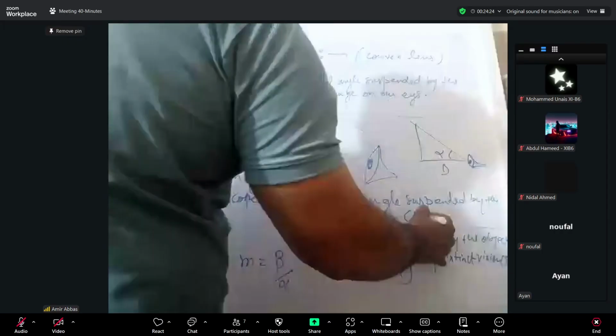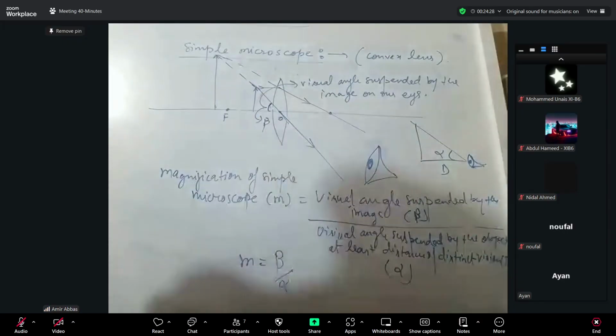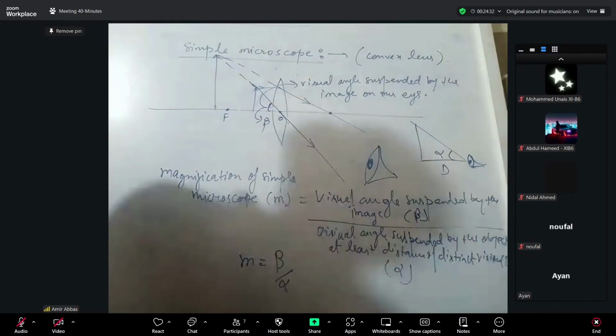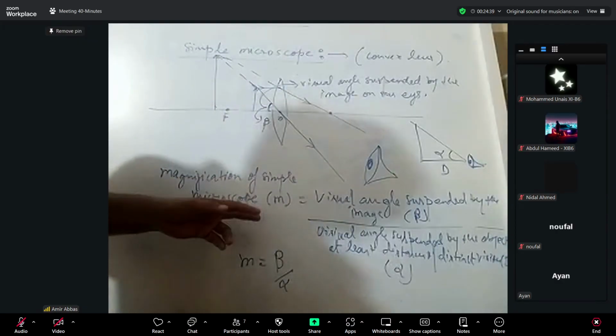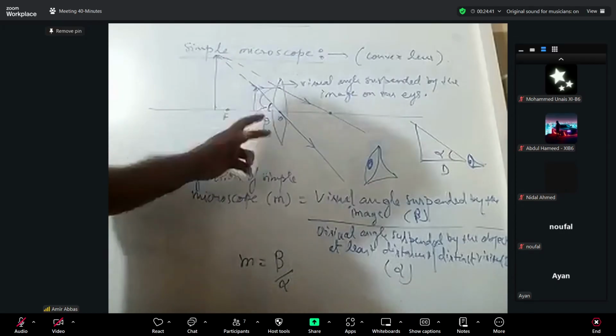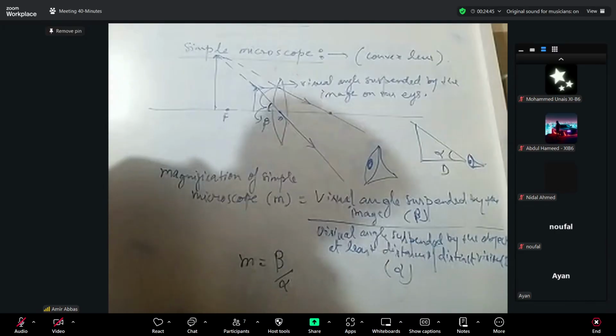It is alpha and it is beta. Have you got this? The magnification of a simple microscope is how much angle the image is suspending on the eyes, and how much visual angle the object would suspend on the eyes when it is kept at the least distance of distinct vision. Have you got this?